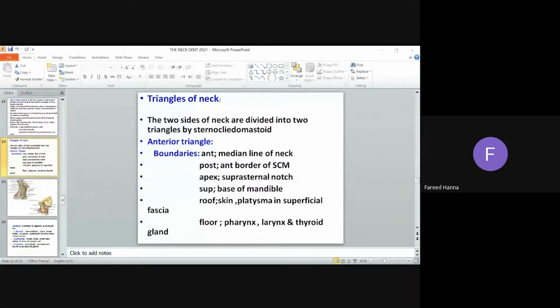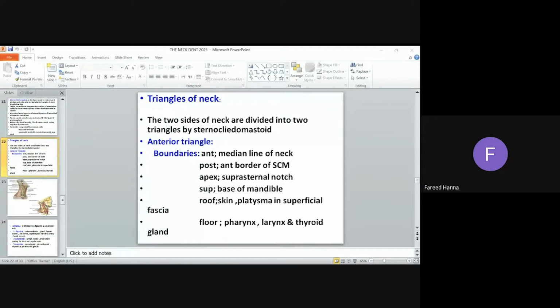The top left is dissection, and the below right is a schematic diagram showing the sternocleidomastoid muscle extending from mastoid process down to the sternum and to the clavicle on both pictures.